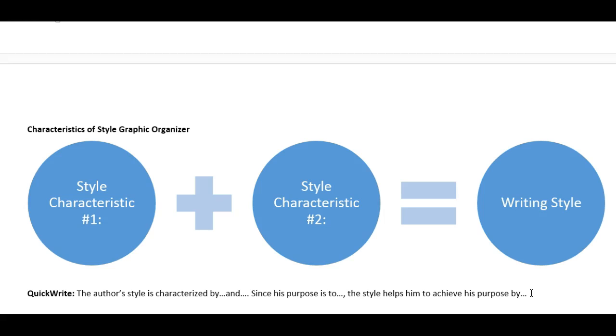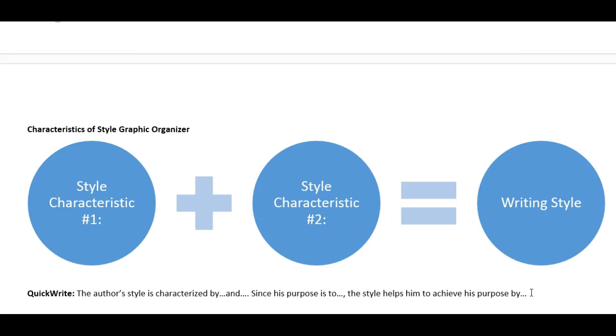So what I'm going to do is go back to paragraphs 1 through 3 in order to identify 2 characteristics of style. And those characteristics might be specific word choice. If you'll recall from some of the previous learning targets, I might be looking at the formal or informal language that the author is using, perhaps figurative language, dialect.